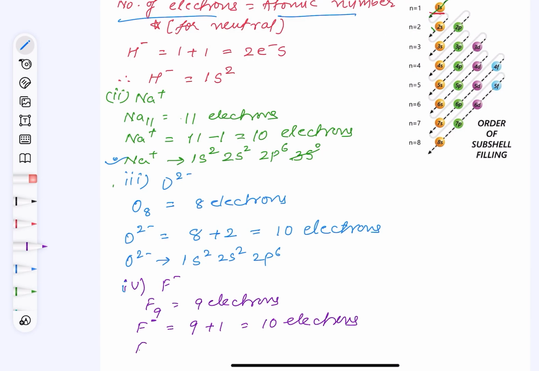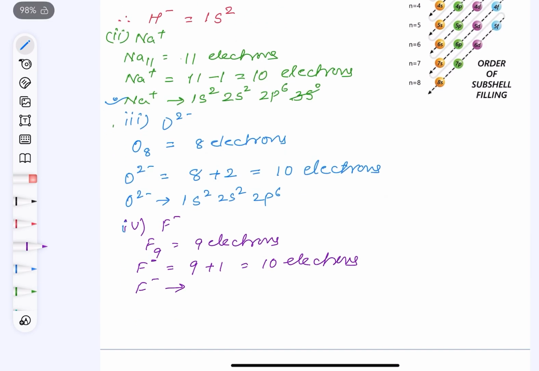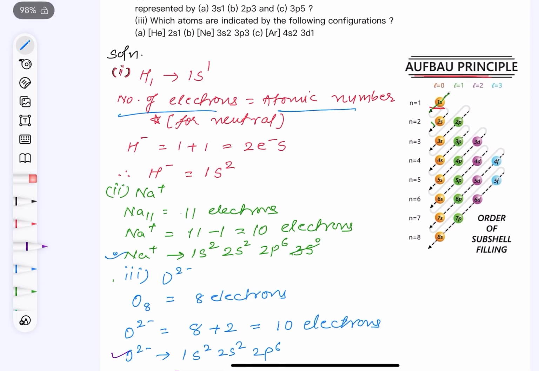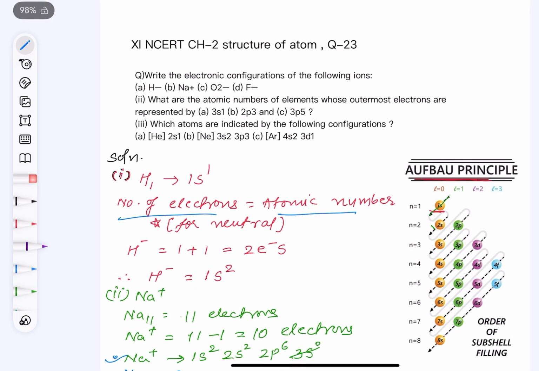The configuration of F minus can be written in the same manner as for O2 minus and Na plus: 1s2, 2s2 and 2p6. So that was the first part, writing the electronic configuration of the ions.